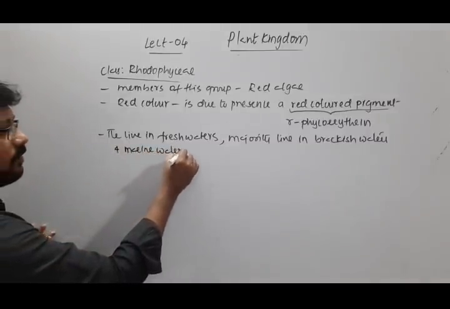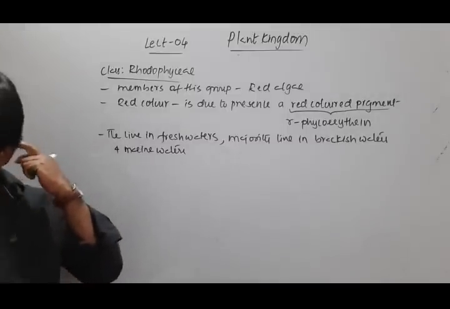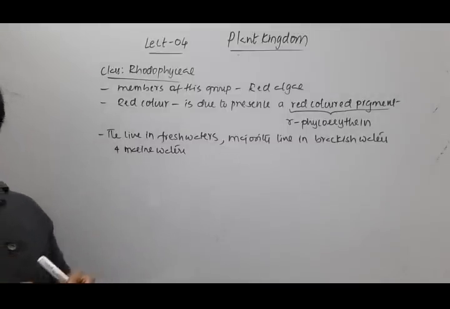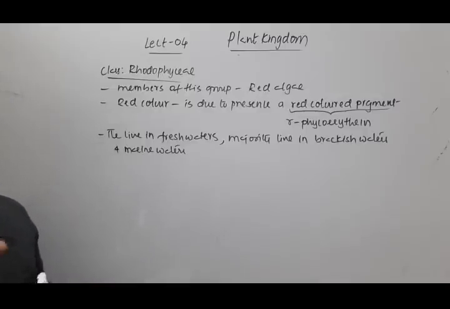Already I have told you in the previous session, the brackish water is where we see the river meeting the sea. That water is not too salty nor too fresh. Those waters where the river and sea meet are called brackish water.